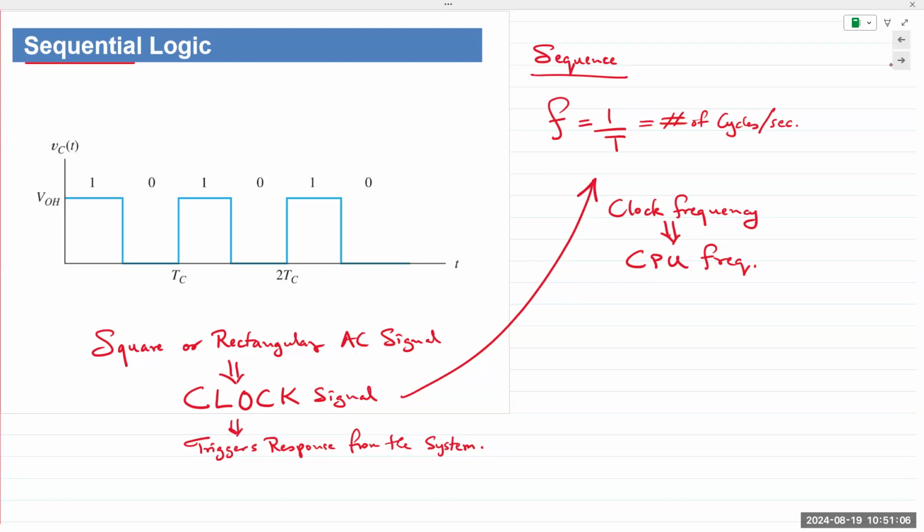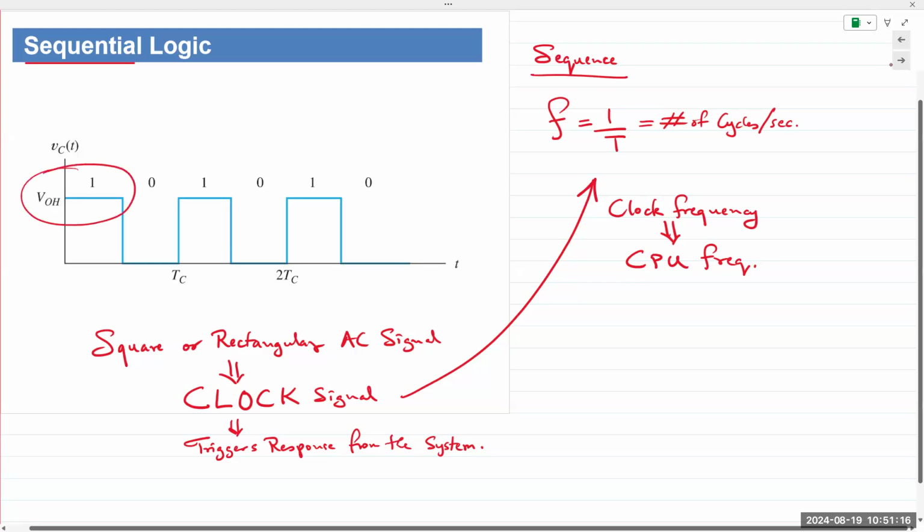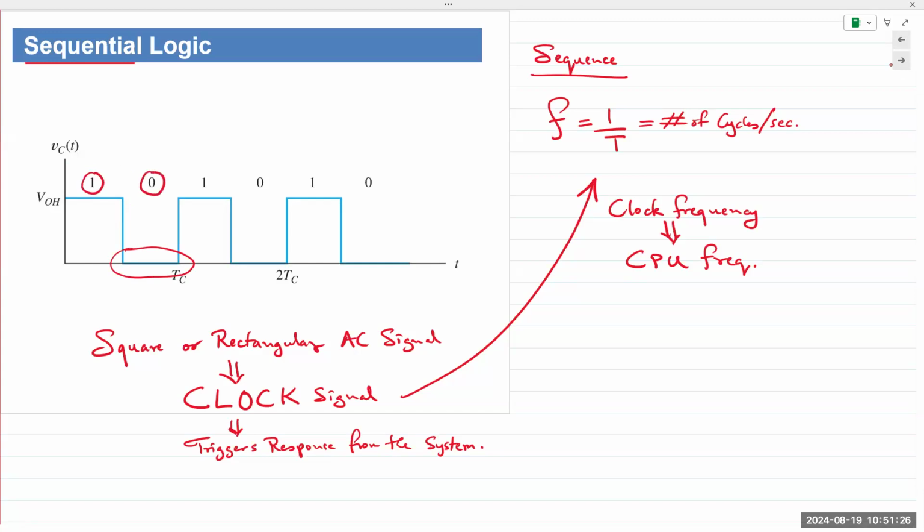Anyway, coming back here, we have a square or rectangular pulse, a rectangular AC signal. Here is the high and here is the low. So this, where the voltage is at high, is logic 1. When it's 0, it's logic 0, and so on and so forth.